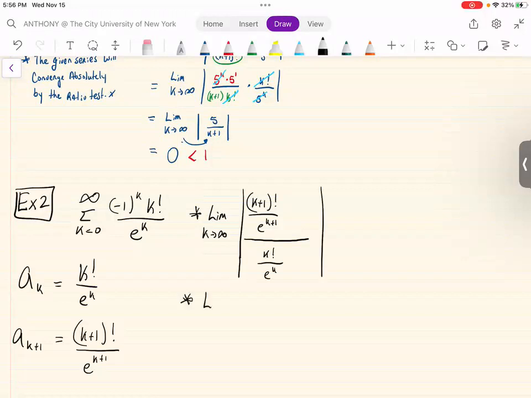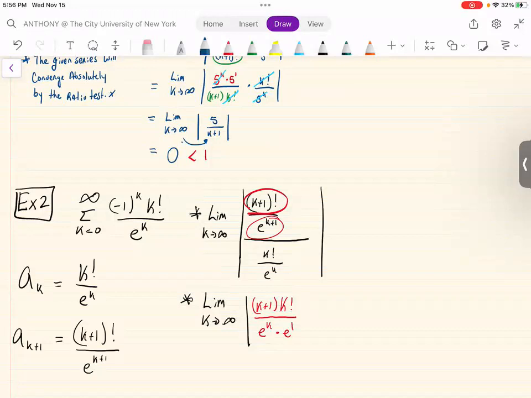So for the numerator part, I am going to first rewrite it. I know that k plus 1 factorial is the same thing as saying k plus 1 times k factorial. And then the e to the k plus 1 is just e to the k times e to the first power.